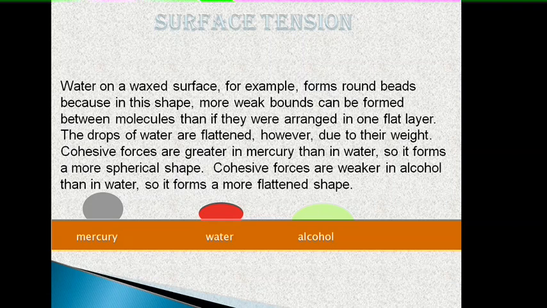Cohesive forces are weaker in alcohol than in water, so it forms a more flattened shape. It is very well shown in the figure: a more round shape for mercury, a somewhat flattened shape for water, and a very flattened shape for alcohol.